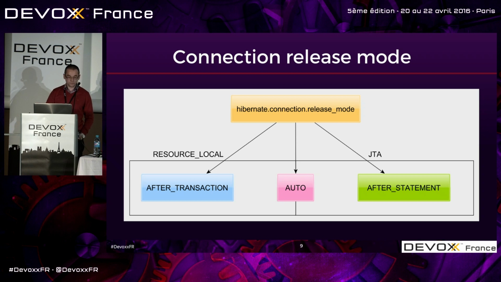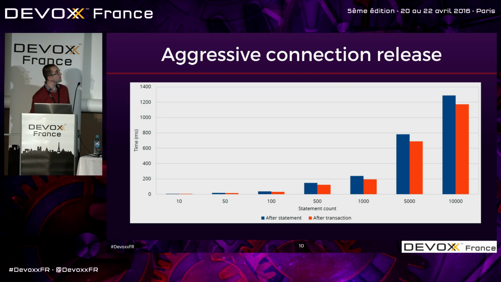And that's not really a very good default for every application server, because as we can see in the following graph, when testing with just 10,000 statements that are executed, we can see the difference between the after statement and the after transaction release mode.